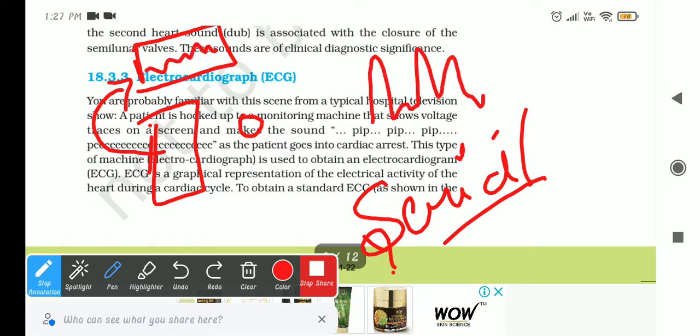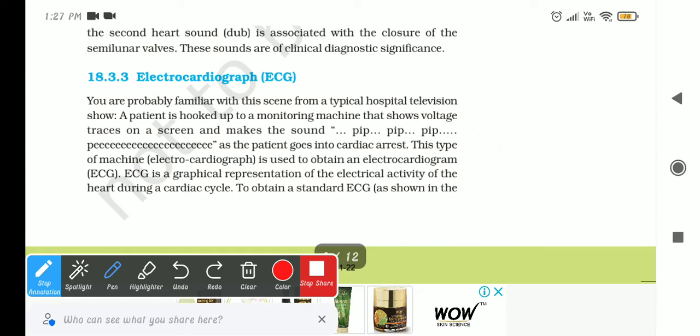We are all familiar with this. The screen traces the voltage and monitors it, and makes the sound beep beep beep as the patient goes into cardiac arrest. This kind of machine is called an electrocardiograph.